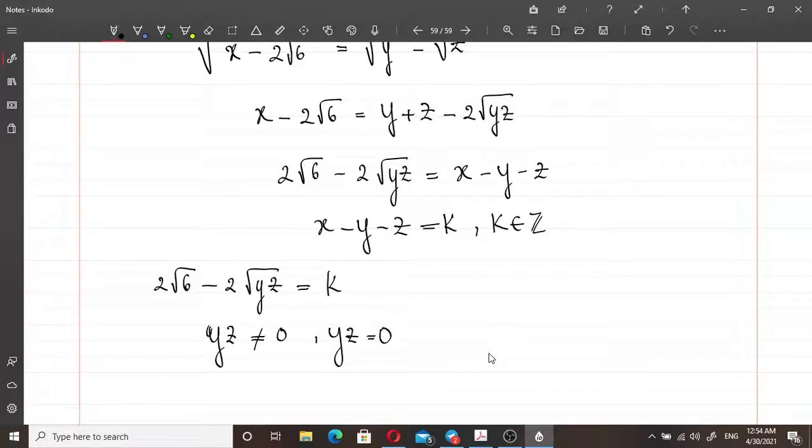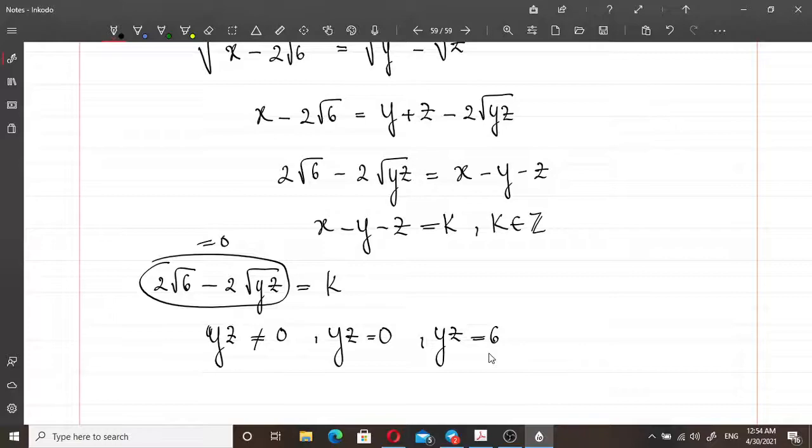But if y z is equal to 6, then this is equal to 0 and k will be 0, so in this case k must be 0. So if k must be 0, y z must be 6.